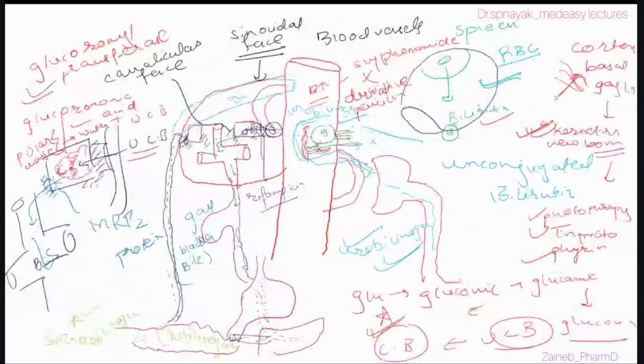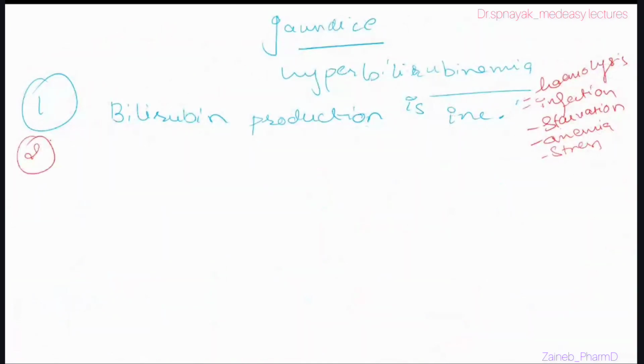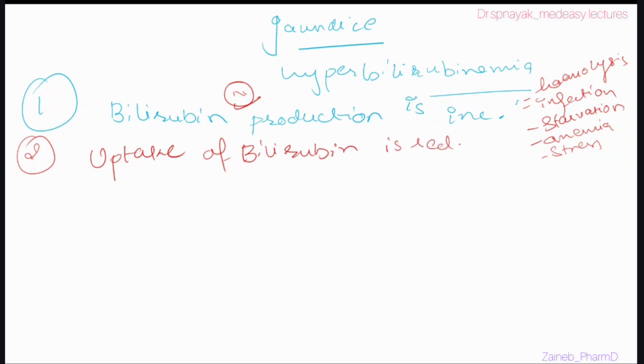Okay, and the second condition is that the production is normal, but the uptake of the bilirubin is reduced.